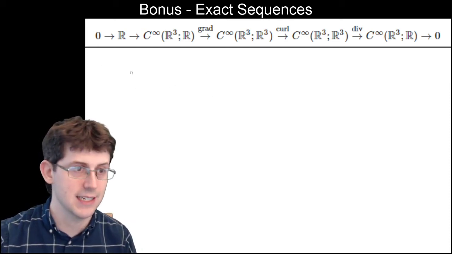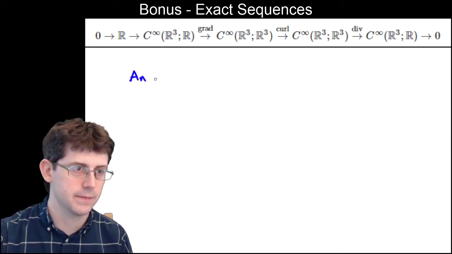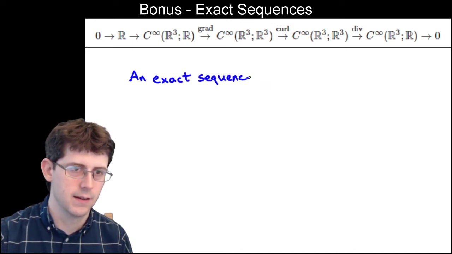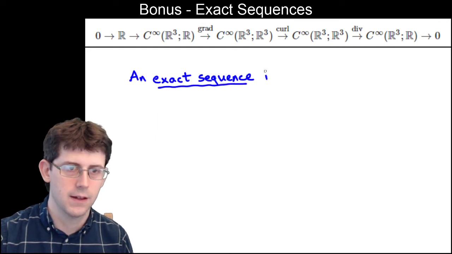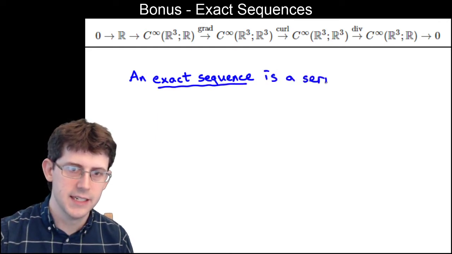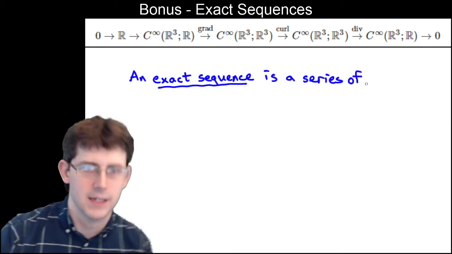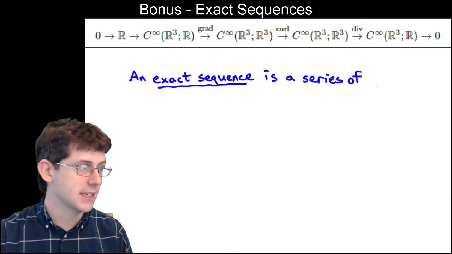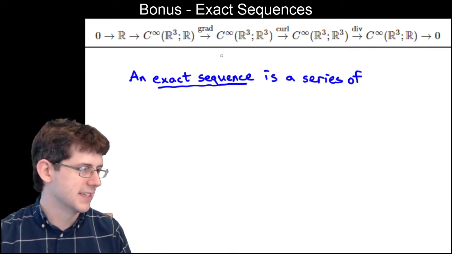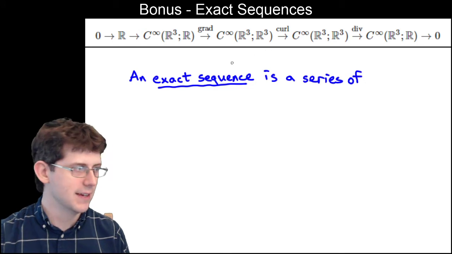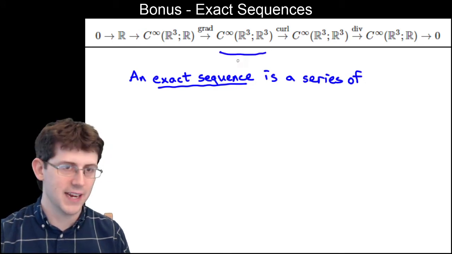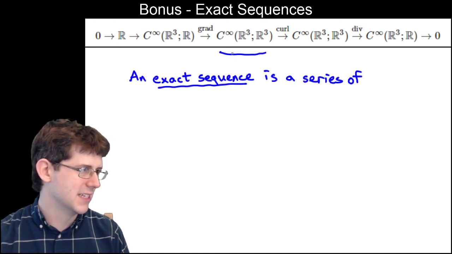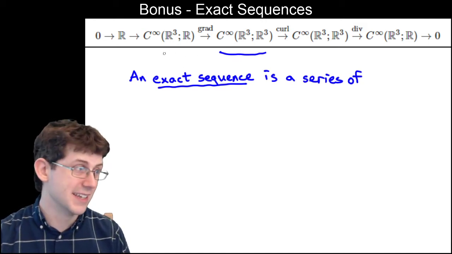Okay, so what is an exact sequence? An exact sequence is a series of, well, I'm not going to use the fully proper mathematical terms for these things, but up above here, this C infinity R3 R3, those are all the vector fields in 3 dimensions. So here's some vector fields in 3 dimensions. Here's some functions on space.